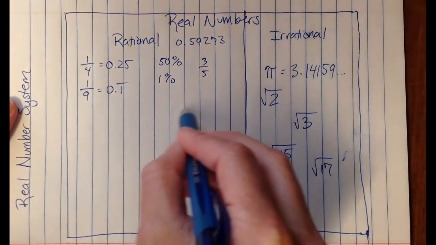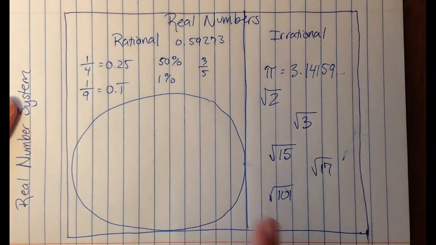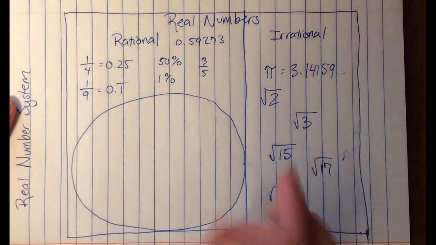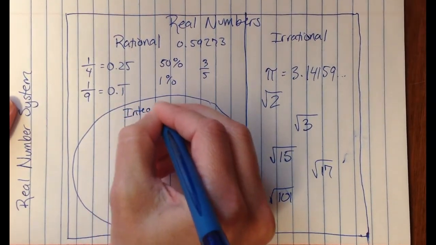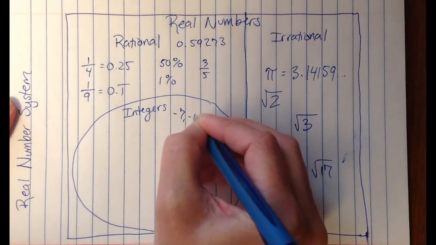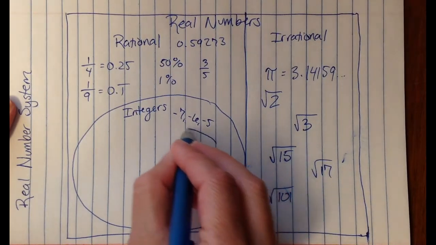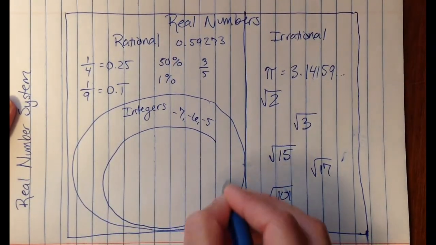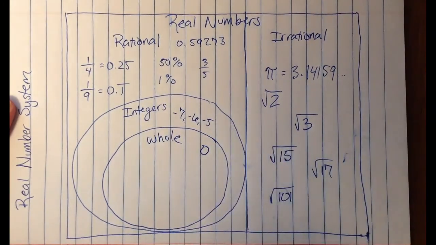Now within rational numbers, we had the largest of the subsets of rational, which is integer, which remember is numbers like -7, -6, -5. And then we had the whole numbers, which exist inside the integers, so whole. Remember that includes 0.